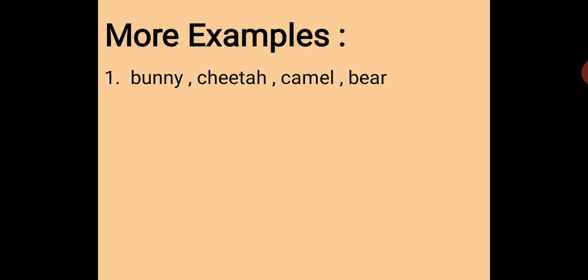Tell me, which letter comes first in alphabetical order, U or E? E. So the first word of the answer is bear and the second word of the answer is bunny. Here we have done the words which begin with B.